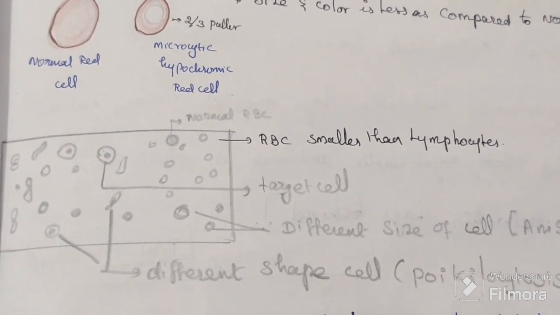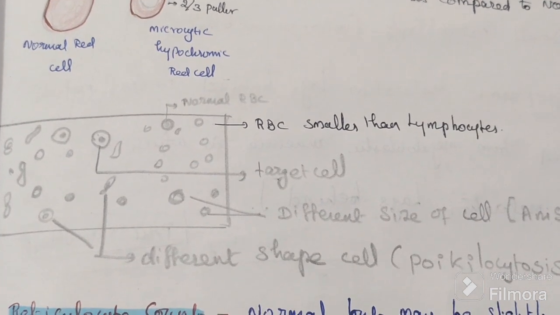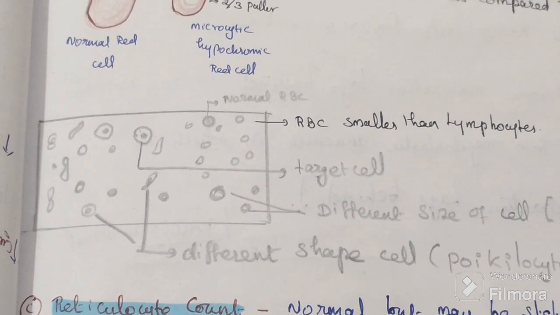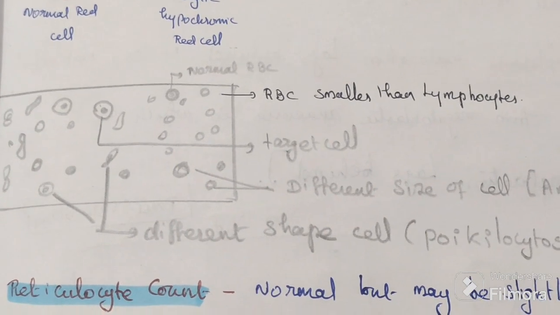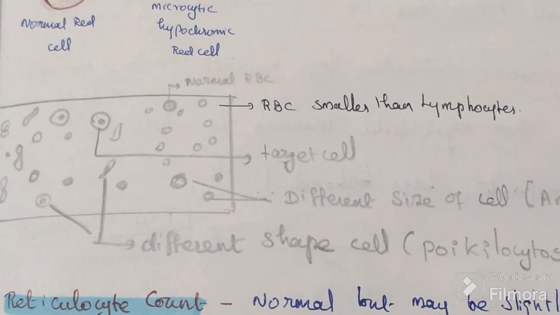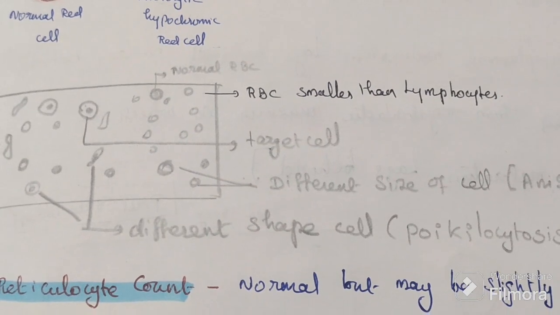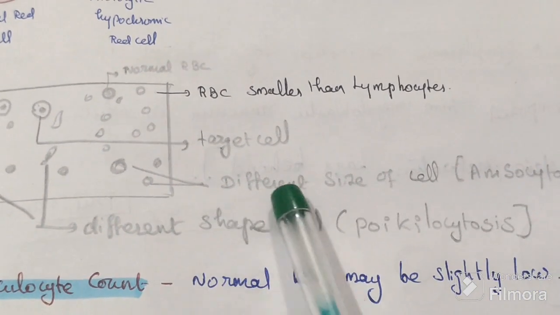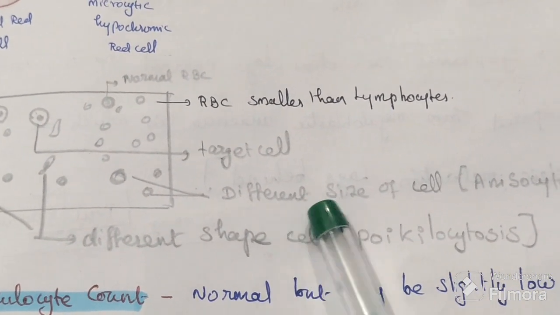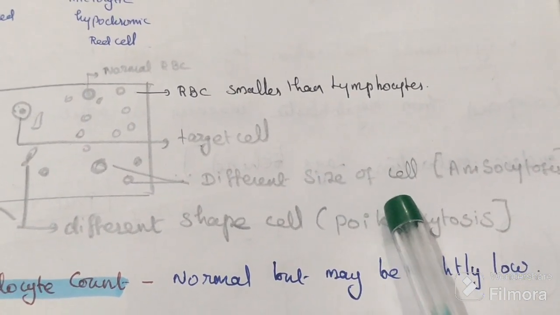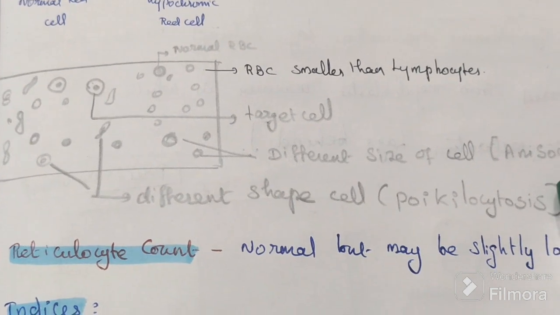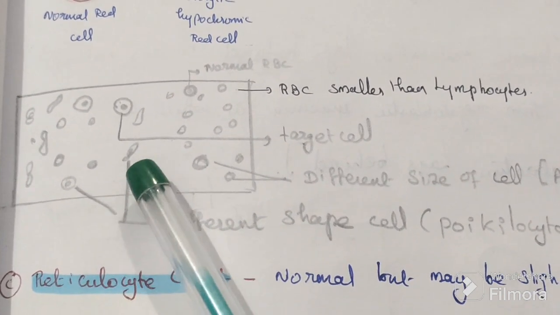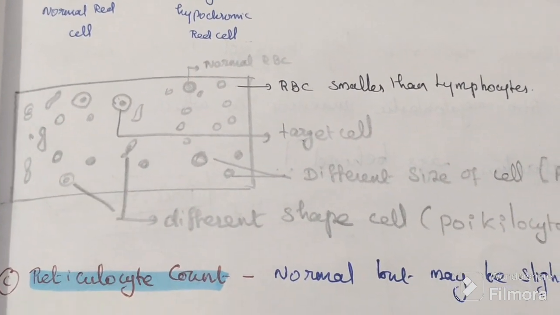Second, when we do a peripheral blood smear, all the RBCs are smaller. After that, cells are of different sizes: some cells are smaller, some are normal. This is known as anisocytosis. Then the shape is also different: some are tear shaped, some are circular.